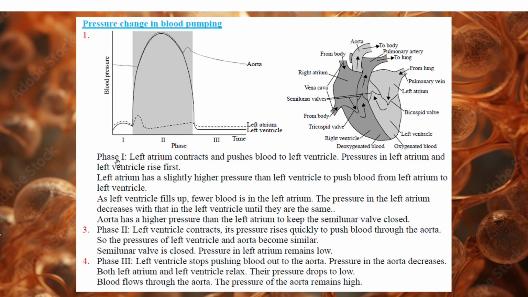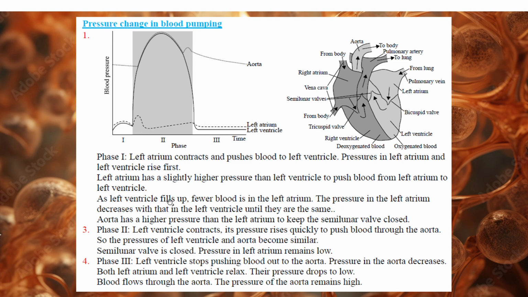In phase one, remember the broken line is the left atrium, the solid line is the left ventricle, the dotted line is the aorta. For phase one, the left atrium contracts and pushes blood to the left ventricle. So pressure in the left atrium and the left ventricle rises first. But still the atrium has to be higher to push the blood downward.